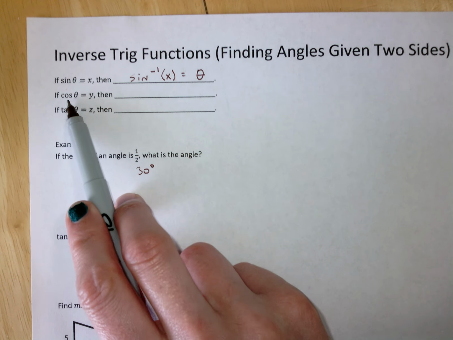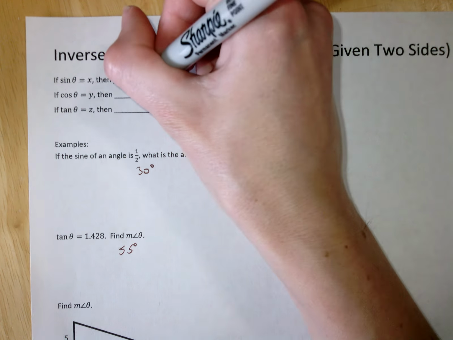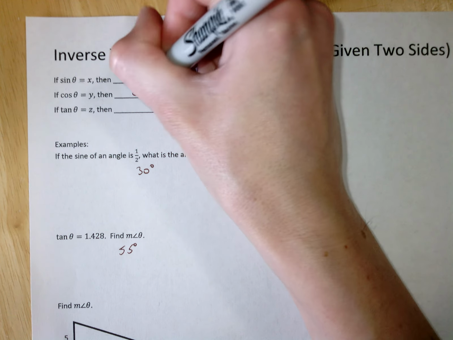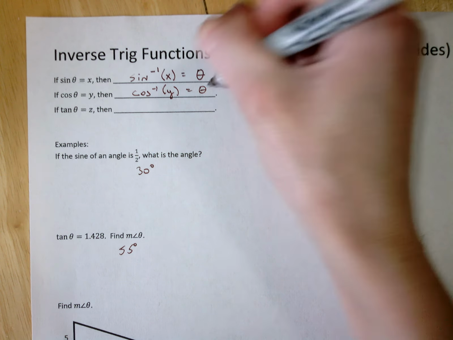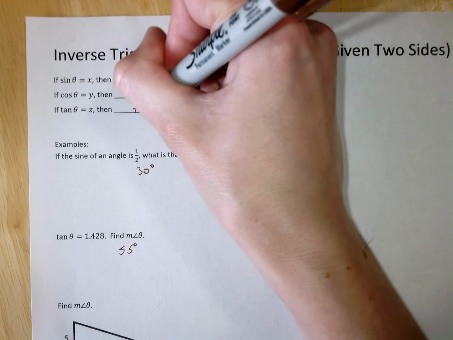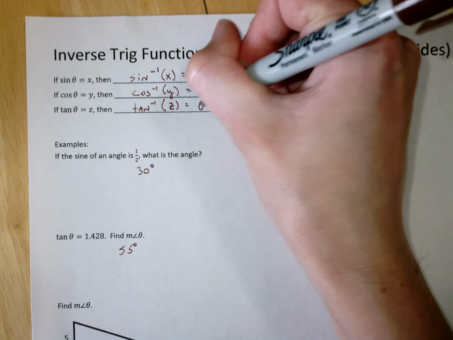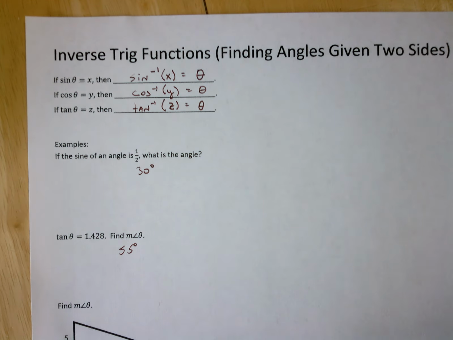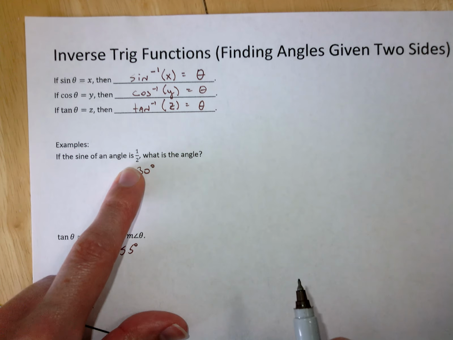Okay, similarly with cosine, if I know that the cosine of an angle is y, so I know that the ratio is y, then if I take the arc cosine of that ratio, that will tell me the angle. Okay, and lastly with tangent, if I take the arc tangent of the ratio, it's going to give me my angle.